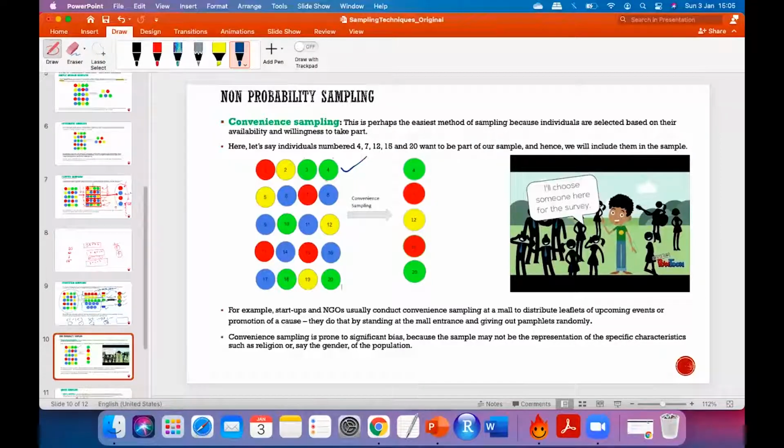Now let's assume that this 4, 7, this person, these are the people who were told that they will be a part of our survey. Once I got this many people, I am done. That's all. Clear? So this is as per the convenience of others as well as mine.